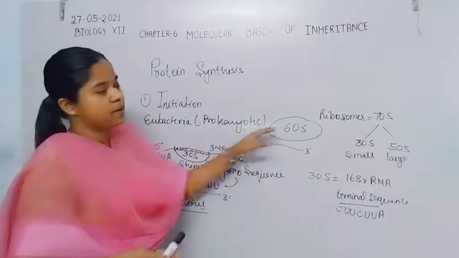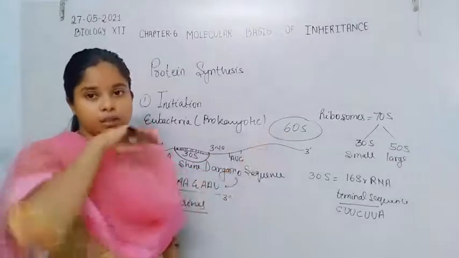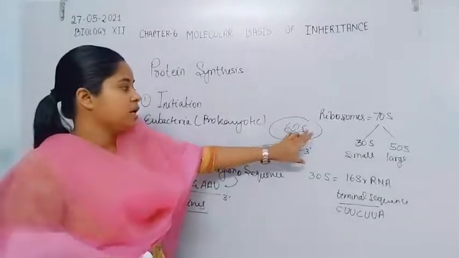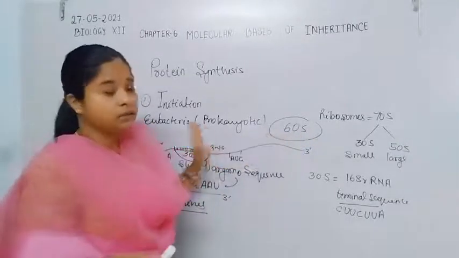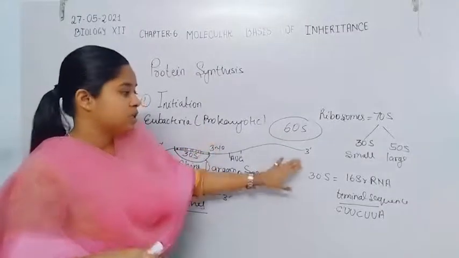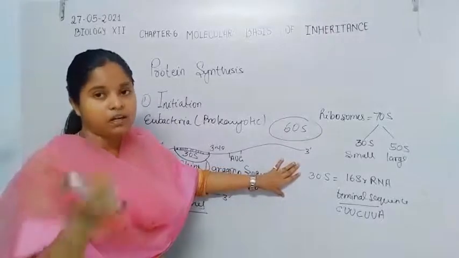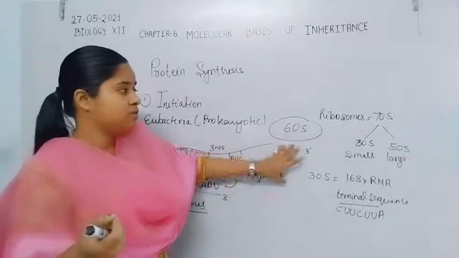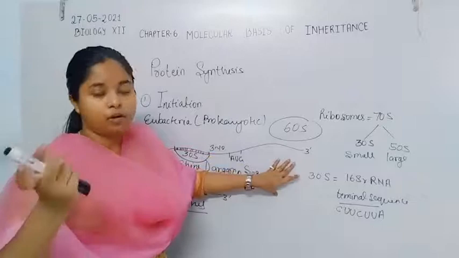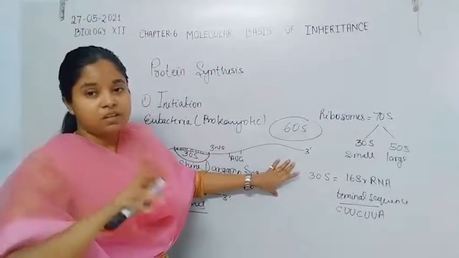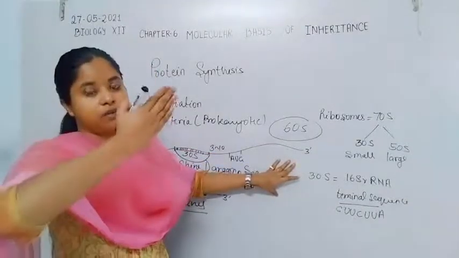When the large subunit binds at this region, finally the synthesis starts, because it has the specific sites for protein synthesis: the A site, P site and E site. The A site is the amino acid tRNA binding site, P is the peptidyl site, so peptide bond formation takes place at the P site region, and the E site is the exit site of tRNA.